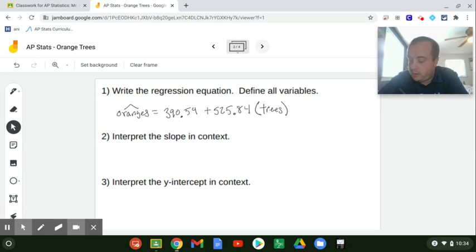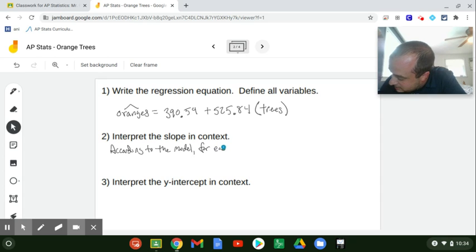Interpret the slope in context. So, according to the model, for each additional tree, right? So we're talking every time our explanatory variable goes up by 1.